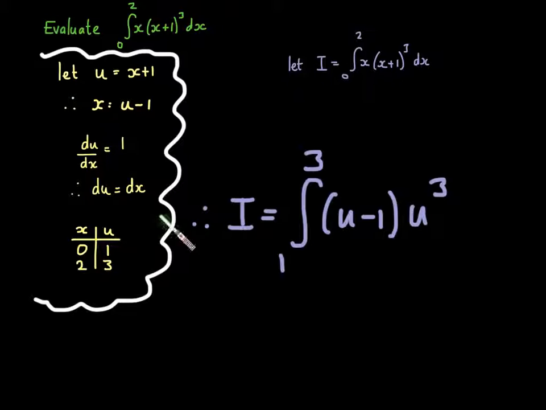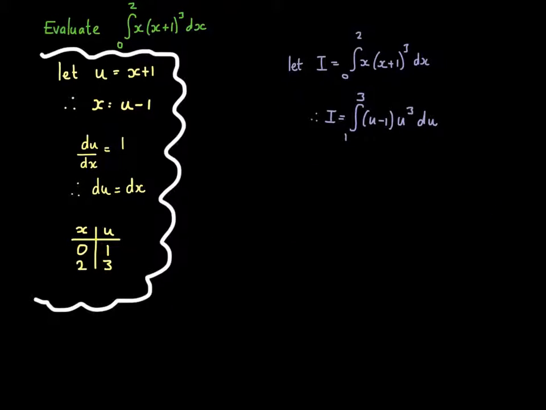And dx this time, that substitution is easy, we're just going to replace dx with du. Okay, done. Now because we're doing definite integration this time, and the 1 and the 3 are values for u, we don't need to reverse the substitution at the end.